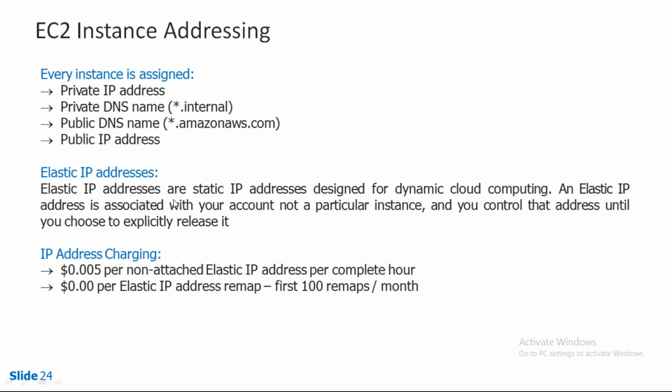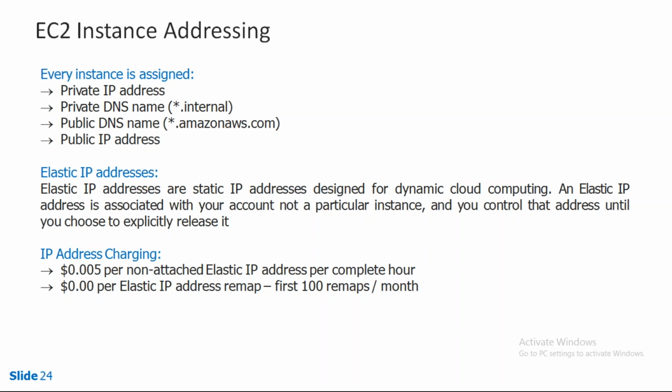So elastic IP addresses are static IP addresses which will not change, addresses designed for dynamic cloud computing. An elastic IP address is associated with your account, not a particular instance. So per account, there is a limit of 5 IP addresses. Only 5 elastic IP addresses you can use, which are static.